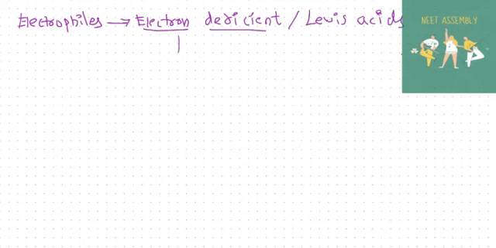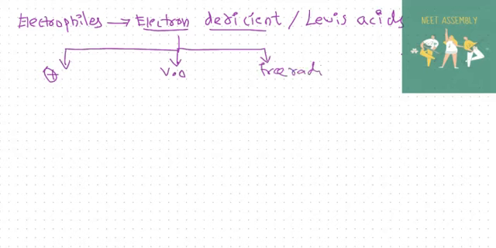What are electron deficient species actually? Those which have a positive charge, which have a vacant orbital, which are free radicals, and which can extend their octet.